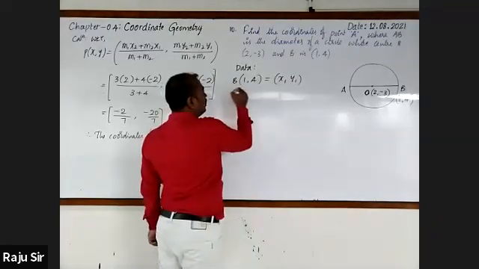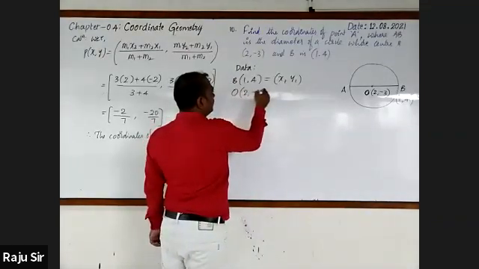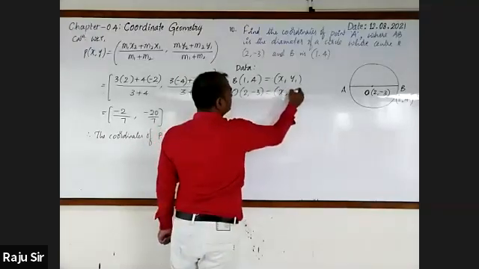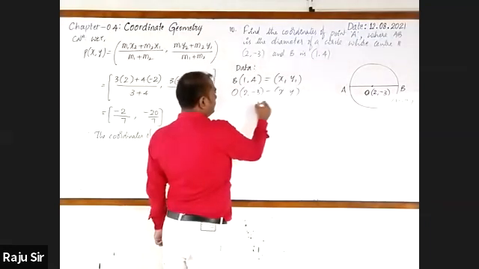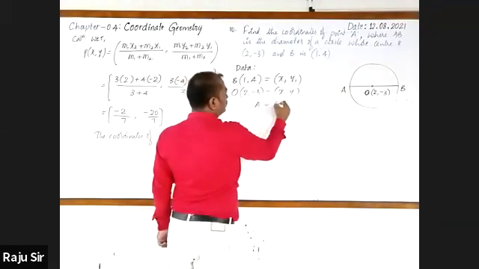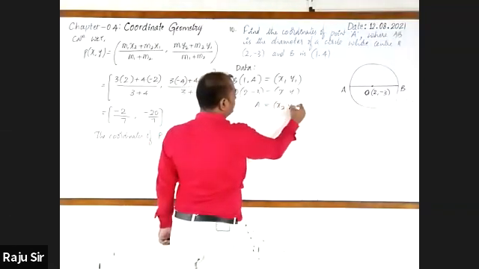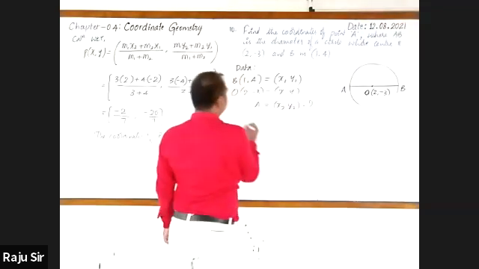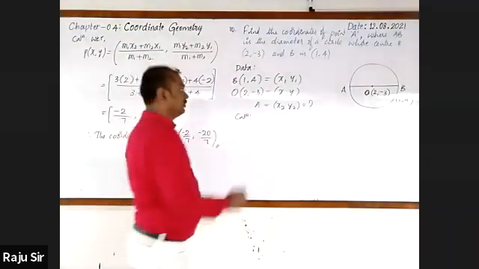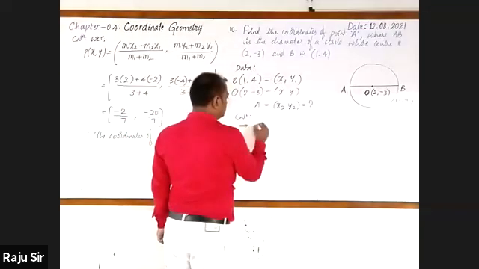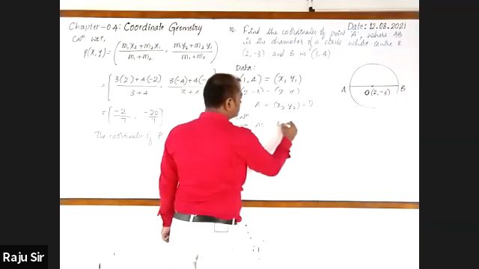Then O of 2, -3 is nothing but x, y. A is equal to x2, y2, which is going to be found out. Calculation. Here AO is equal to BO. What is the reason?